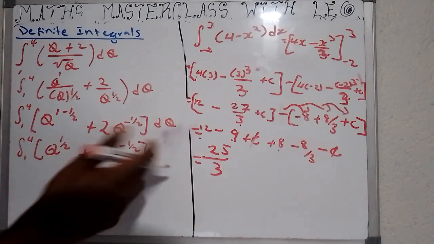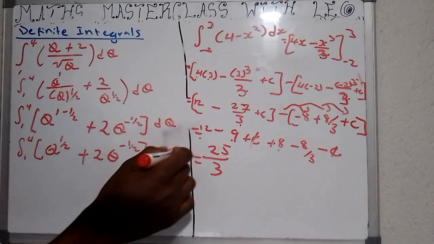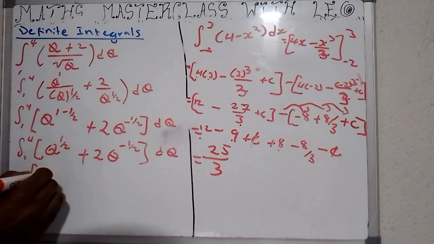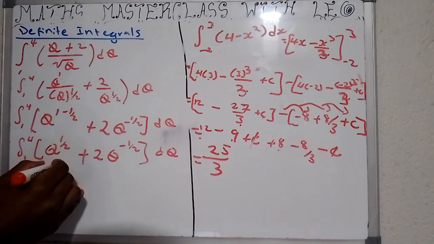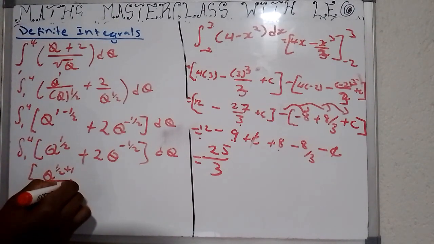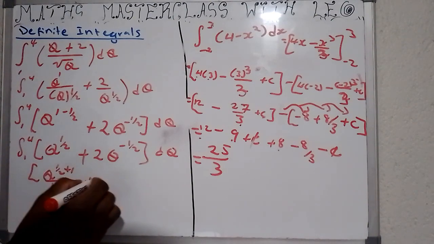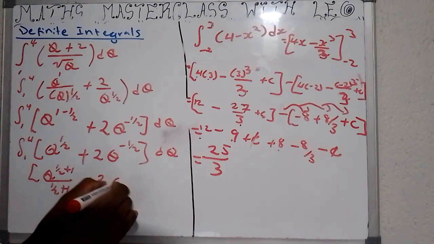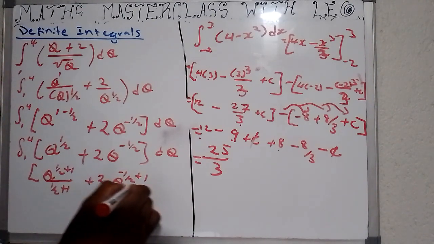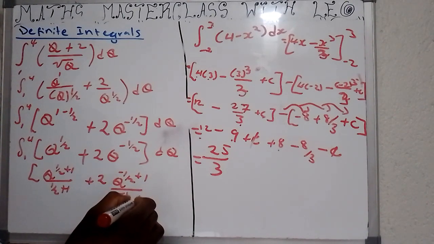But I know this thing, I can just do it. How can I do it? I know my integral will be theta to the 1 over 2 plus 1 over 1 over 2 plus 1, plus 2 theta to the negative 1 over 2 plus 1 over negative 1 over 2 plus 1.